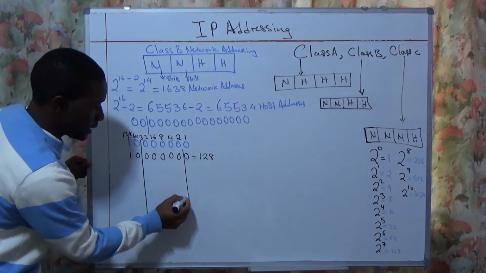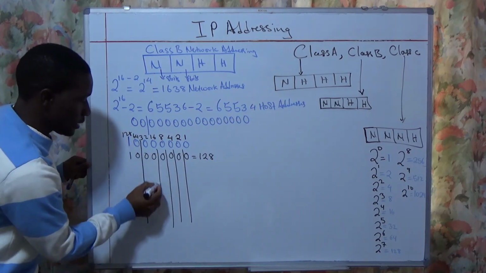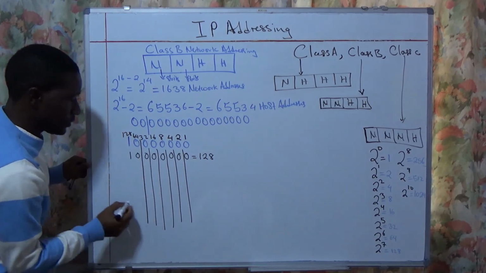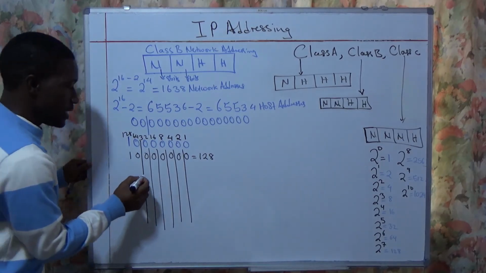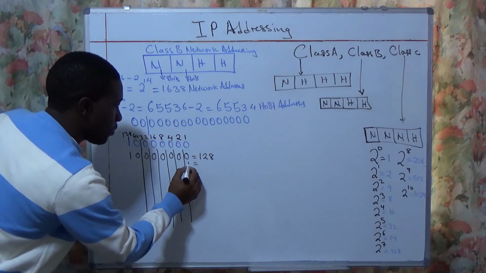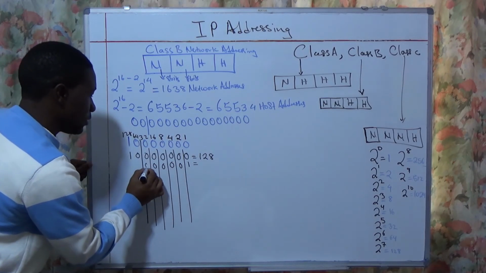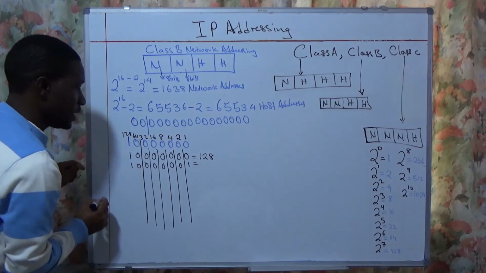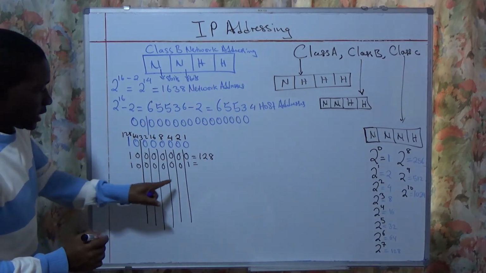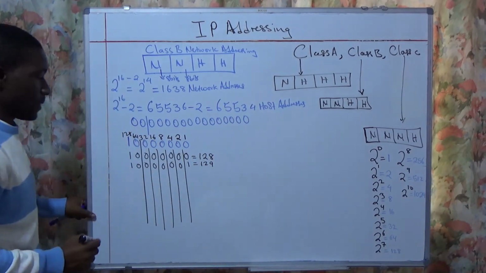For clarity, let's do that. And then on the next value, we shall have 1, 0, 0, 0, 0, 0, 0, 1. 128 plus 1 will give us 129.